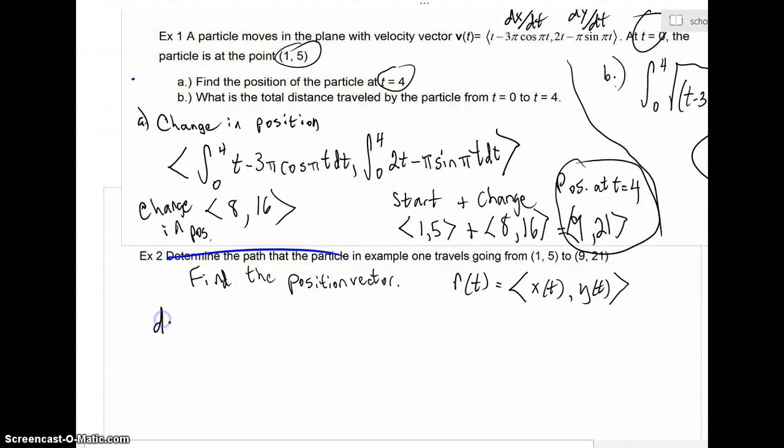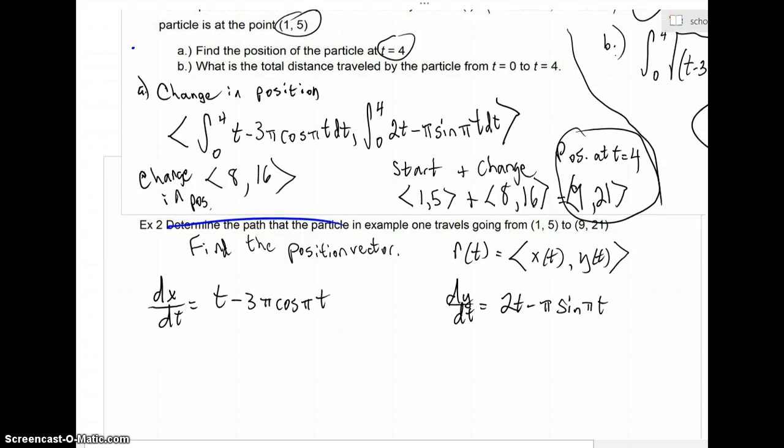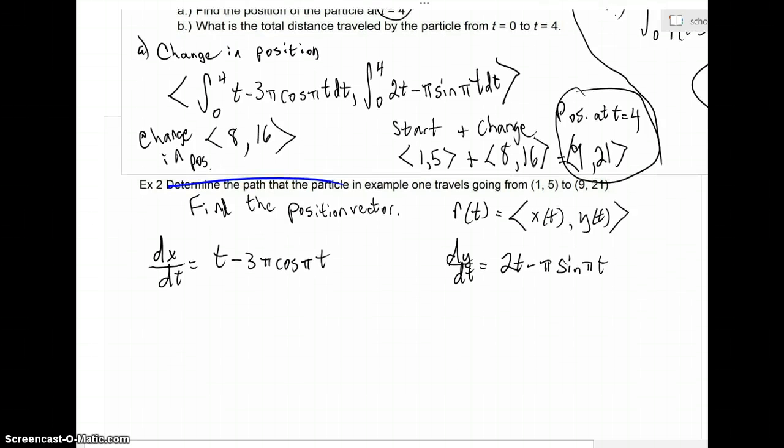I can say dx dt is going to equal t minus 3 pi cosine of pi t. And I could say similarly dy dt is going to be 2t minus pi sine of pi t. So you might wonder, wow, can we somehow get what x of t and y of t would equal?